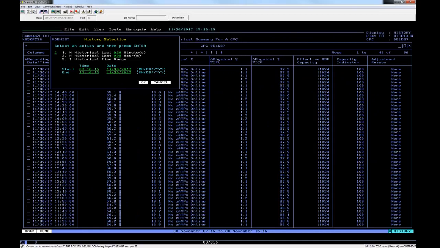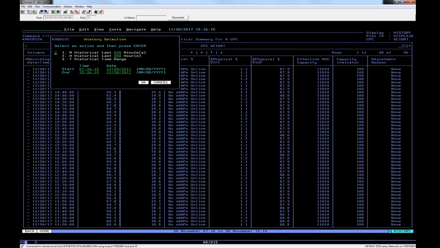We could express what we wanted to see in terms of minutes, or a given time range, which is, in other words, you could go back to yesterday or even last week, but that would be contingent on you having RMF Monitor 3 data gatherers running on your systems in the Sysplex, and having the archiving on those systems large enough to accommodate the RMF report data for the time period you want to look at.